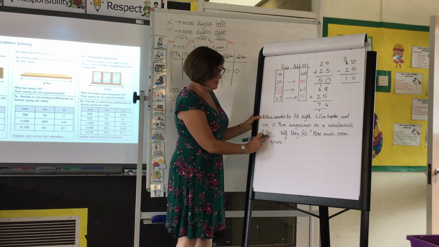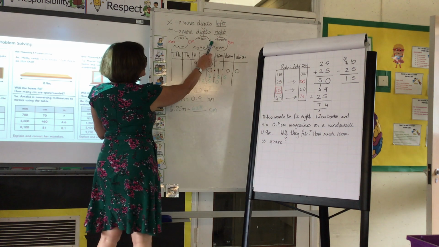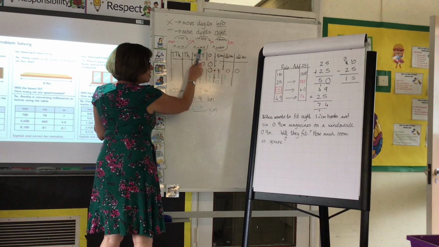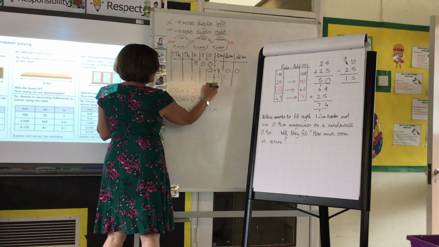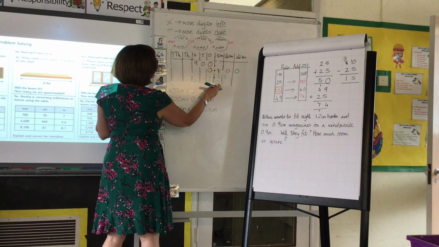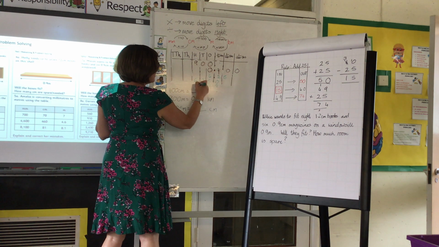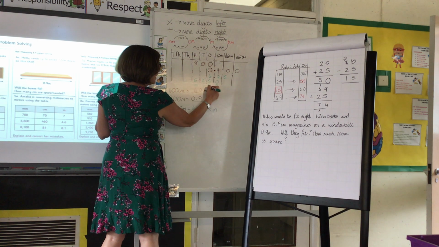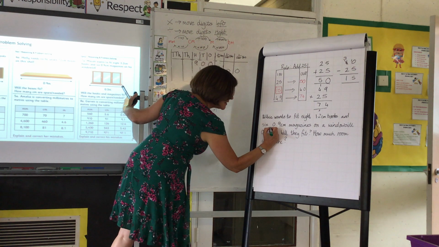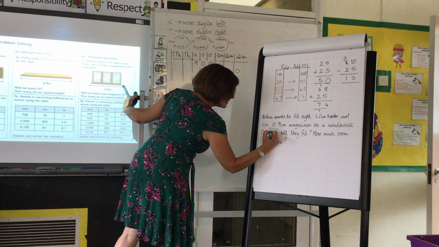So 0.9 metres into centimetres. Let's look up here. Metres into centimetres. You need to multiply by 100. So 0.9, you would put here. You're multiplying by 100, so you're moving the digits left. 1, 2, the 9 ends up there, and the 0 ends up there, and you need to put your 0 placeholder. So 0.9 metres is equivalent to 90 centimetres.